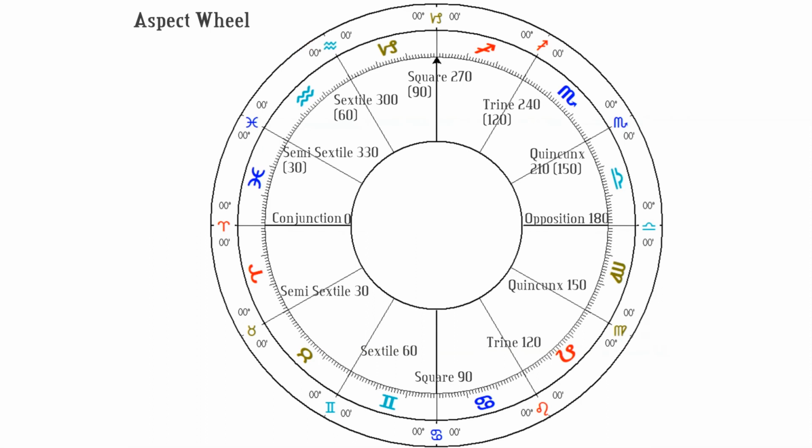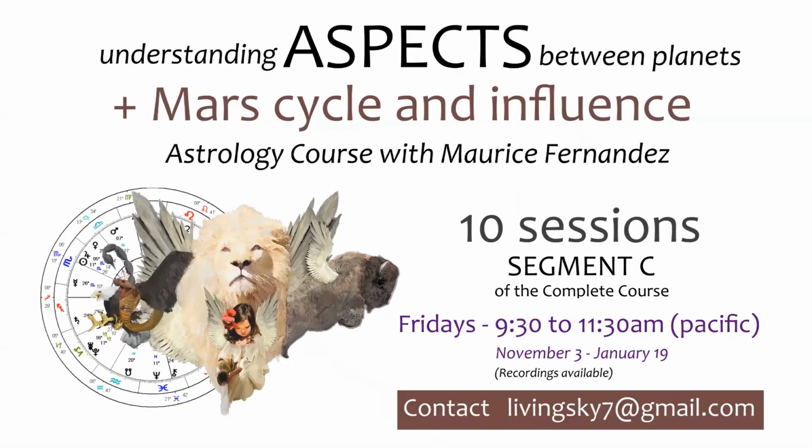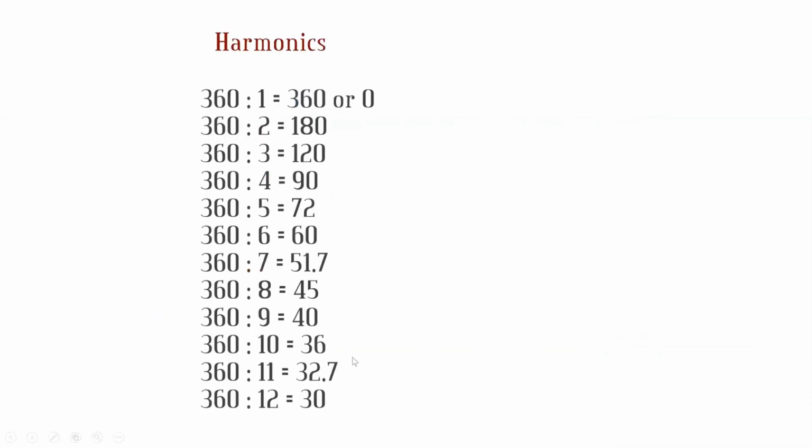And yet those divisions, the 72, the 51.7, the 45, the 36, are important. These are also important divisions between planets, connections. But we will elaborate more about that as we proceed.